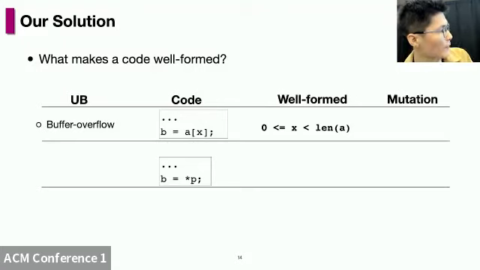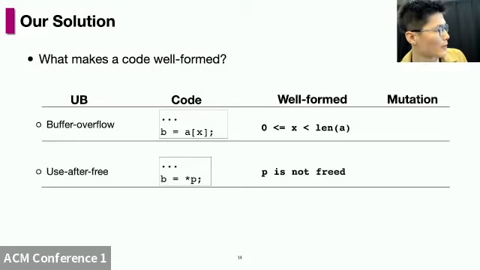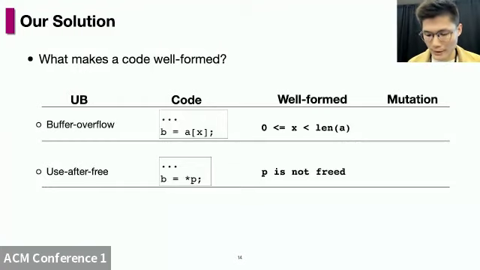And for example, for the second code, if this pointer dereference is free of use-after-free bug, that means the memory region pointed to by P is not freed at this point of usage. So our work is just to introduce mutations to deliberately break this well-formed condition for various code constructs.